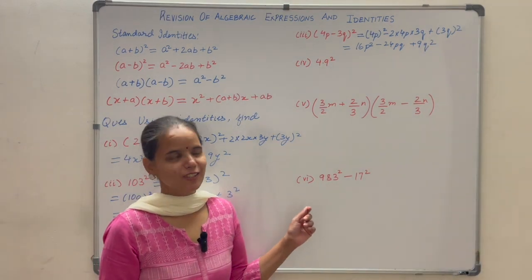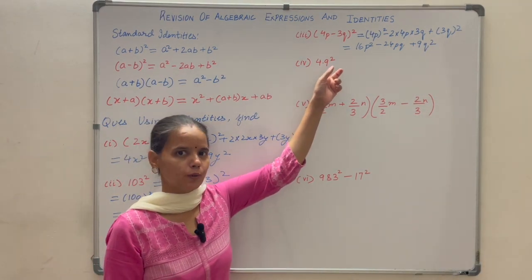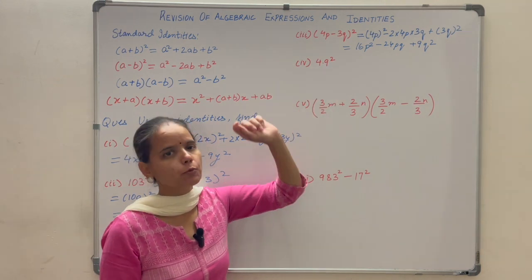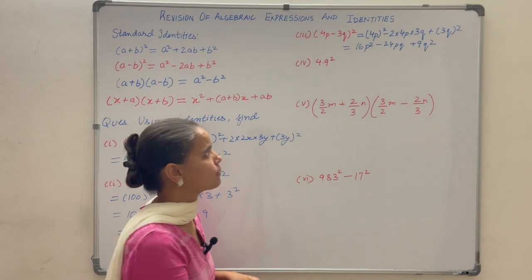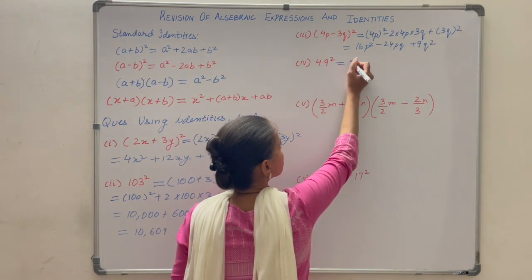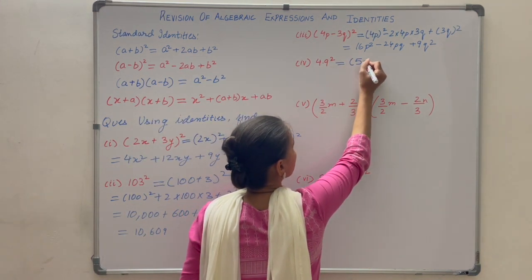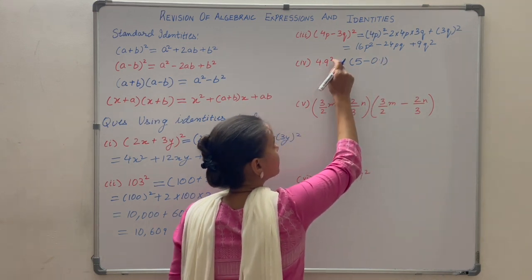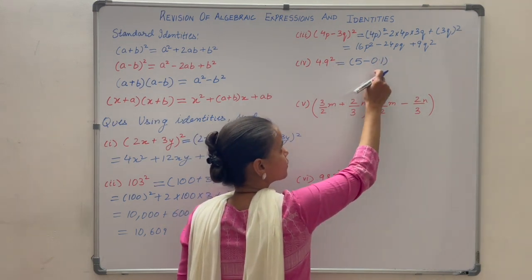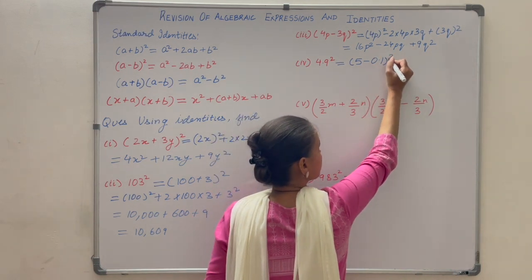Let us now take this question, 4.9 whole square. So we have to split 4.9 in such a way that the calculation becomes easier. I am going to write 4.9 as 5 minus 0.1. This is 4.9 whole square. So I have to take whole square of this number also.